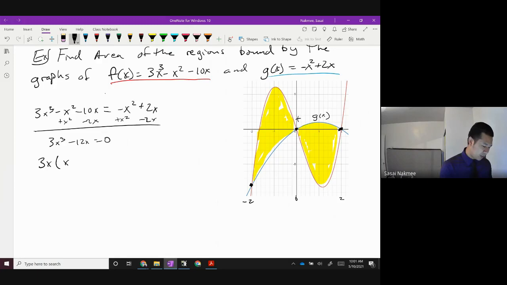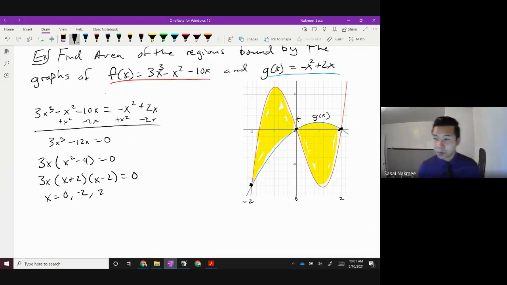You're left with x squared minus 4, which is a perfect square, which factors to x plus 2, x minus 2. That leaves you with three values for x: x equals 0, x equals -2, and x equals 2, which happen to be those points.